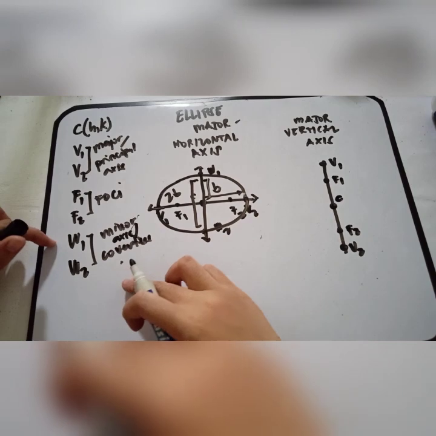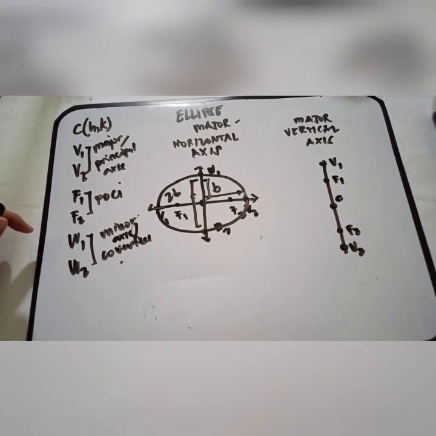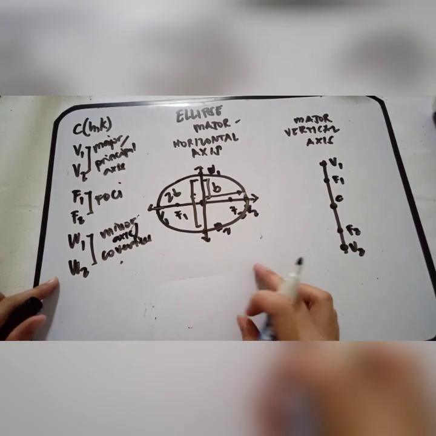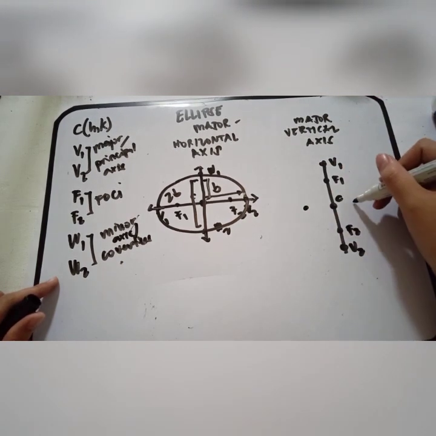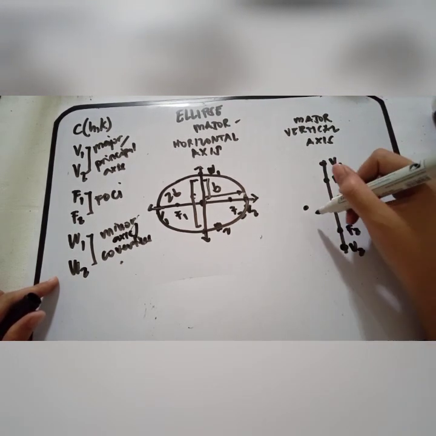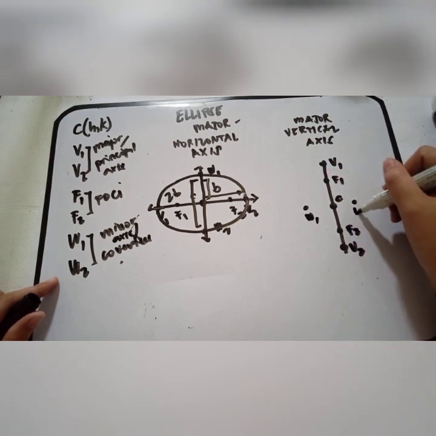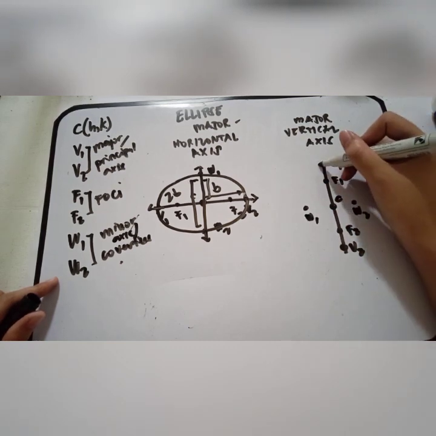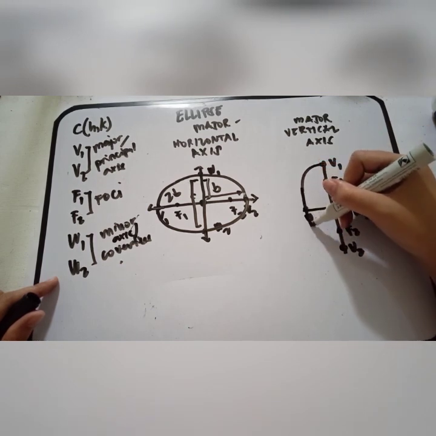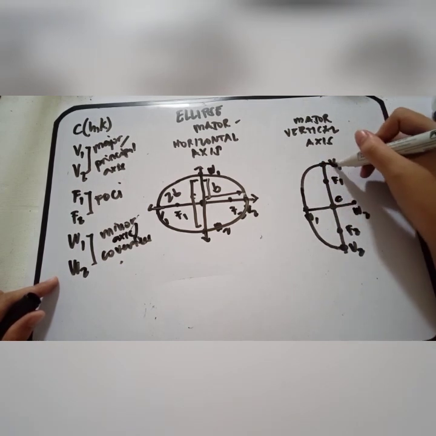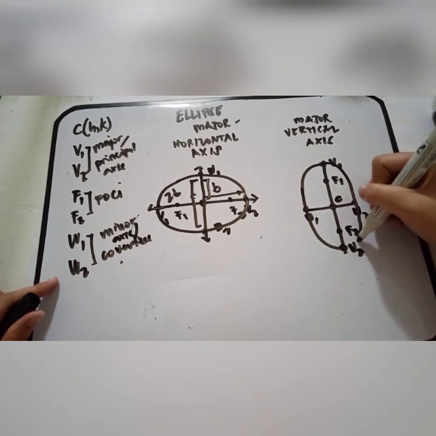So the W1, W2 lie on the x-axis and it is the minor. Ibig sabihin, mas maliit siya dito sa y-axis natin. Let's go like this one. Example, W1 and then W2. So let's connect. See here. And goes like this.